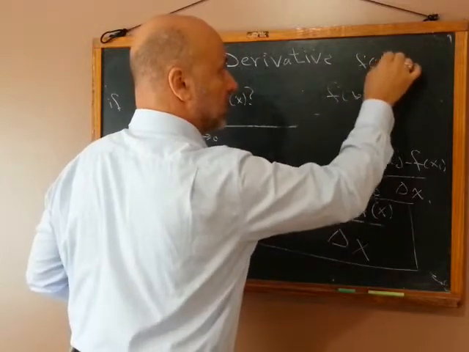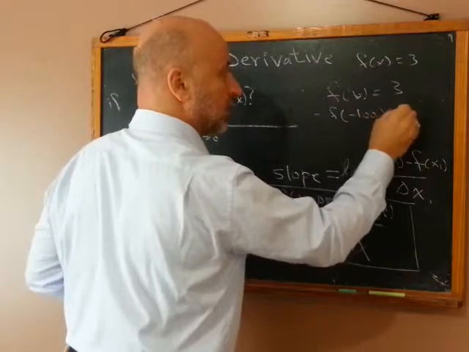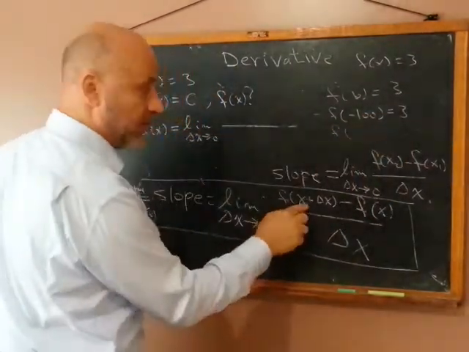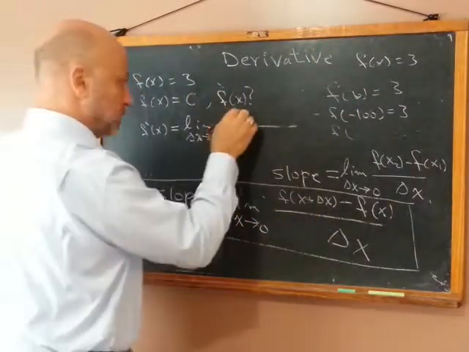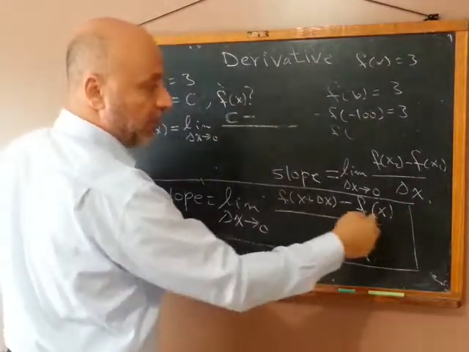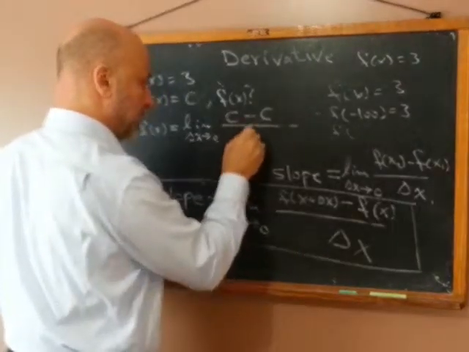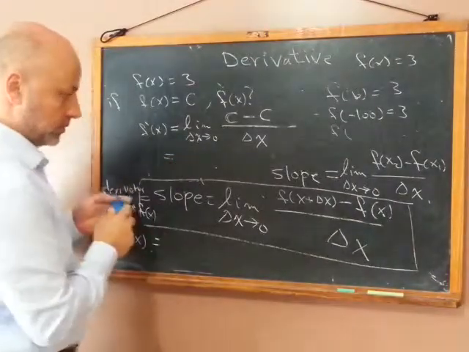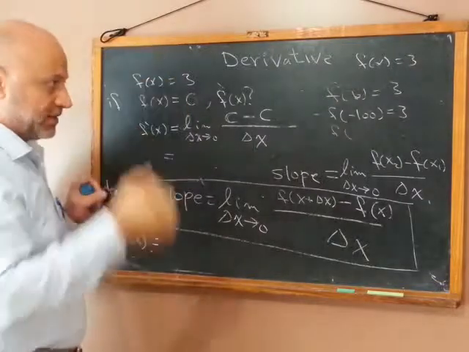If f of x equal 3, f of negative 100 also equals 3, f of anything equals 3. So f of x plus delta x is going to be the constant itself, right? Minus f of x, again equal to c itself. And here we have delta x, right? Equal to, what's c minus c? C minus c is exactly 0.